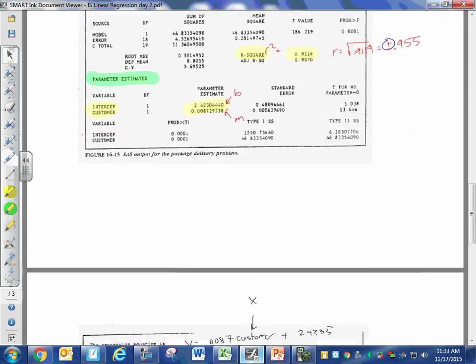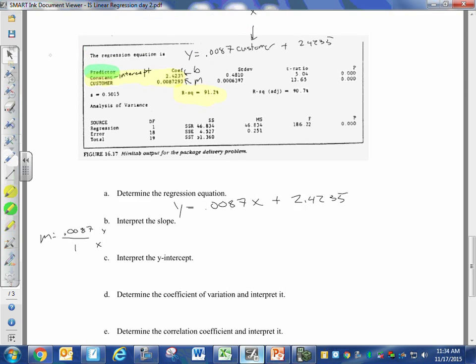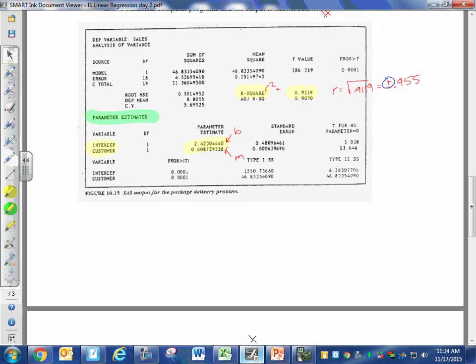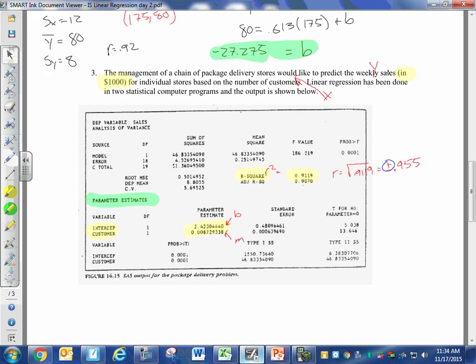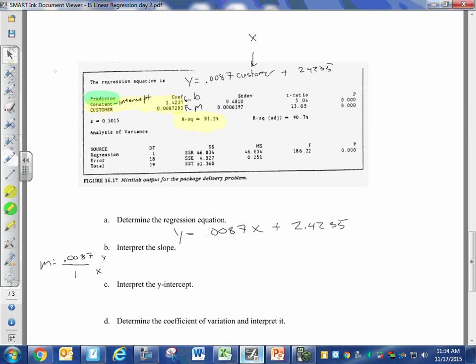So, if I'm asked to interpret my slope, well, my slope is 0.0087 or 0.0087 over 1. This is my y over my x. We know my y is going to be, if we go back to our original question, our y was our weekly sales, or x was our customers. It's important to know that.